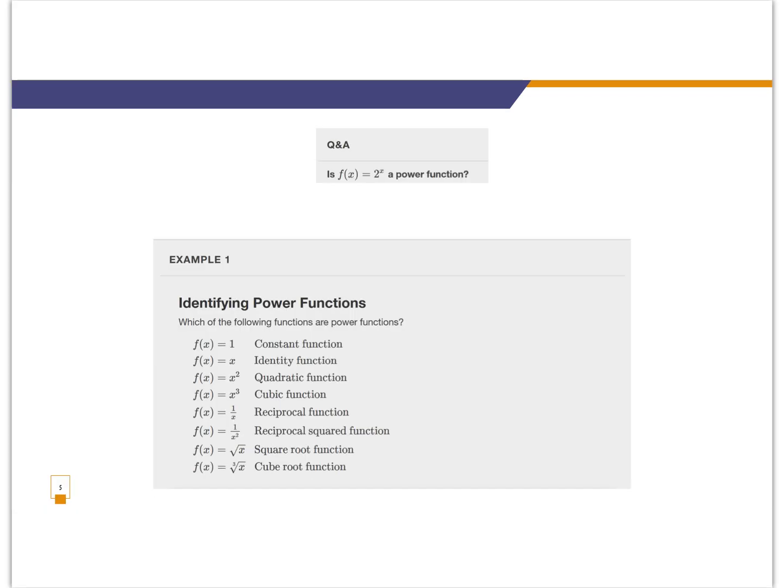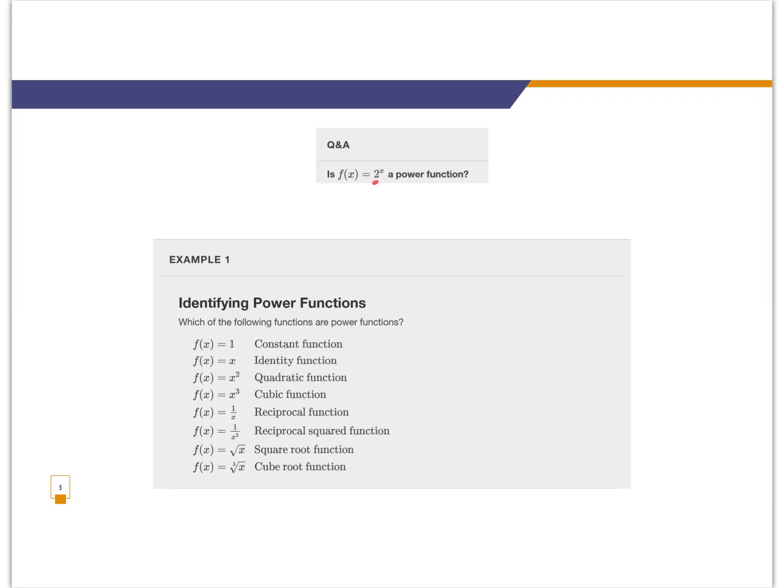Then Q&A. Is f of x equals 2 to the x a power function? Okay, does it meet the definition? Is the coefficient a real number? 2, yes. That's a real number. And is it multiplied by a variable?